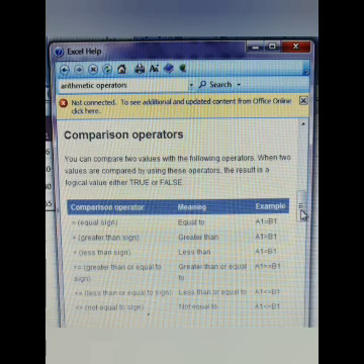They are greater than, less than or equal to, greater than or equal to, not equal to.